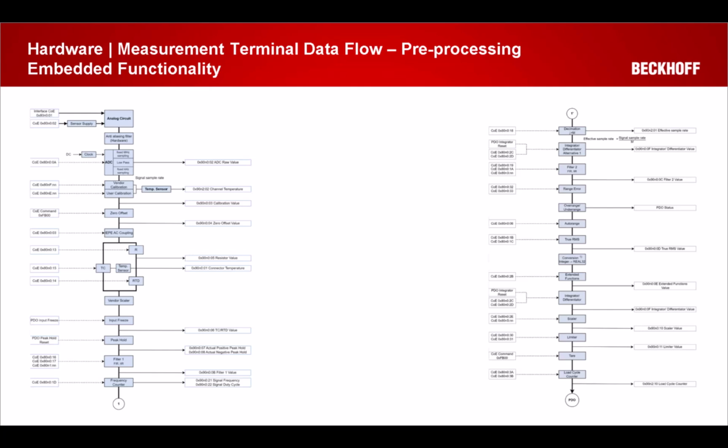And to go even deeper, to take a look at the full analysis chain or processing chain in the hardware level, we can start at the top to mention we do have an integrated sensor supply that helps alleviate the need for additional cabinet components and wiring.